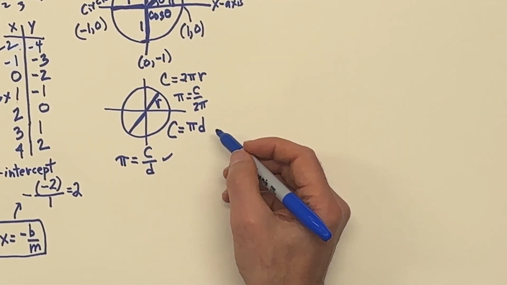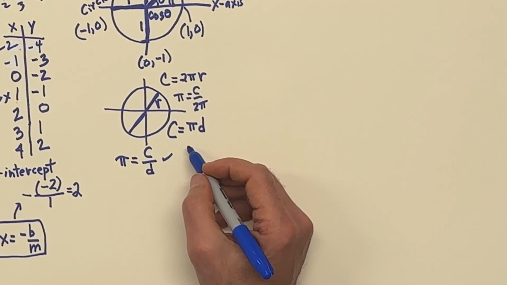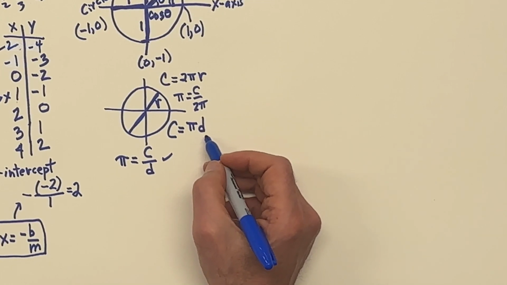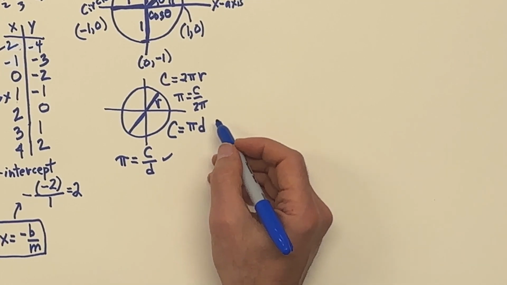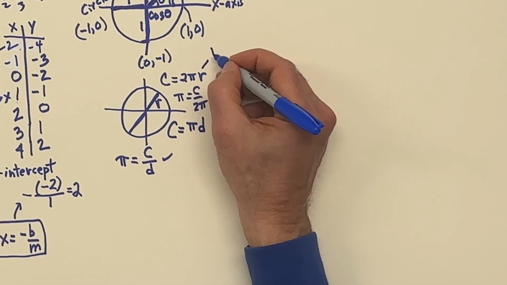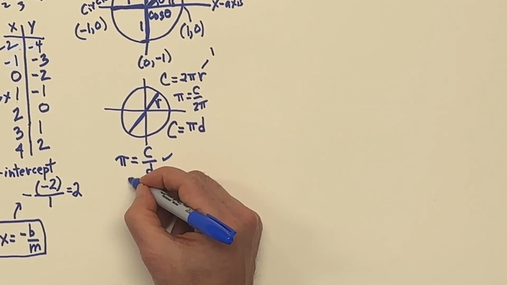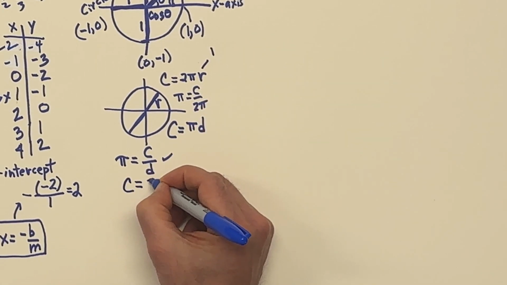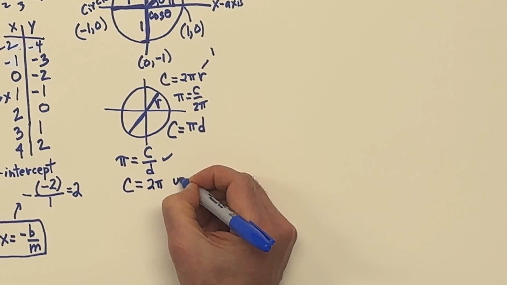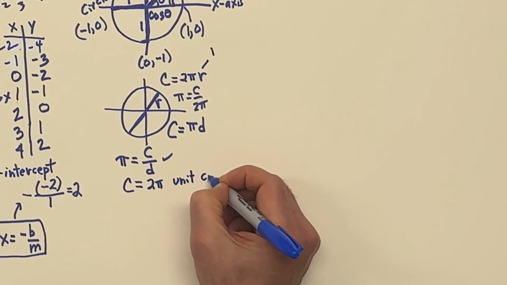Now back to radians. If we look at the circumference where the radius is equal to 1, then the circumference is equal to 2 pi for the unit circle.